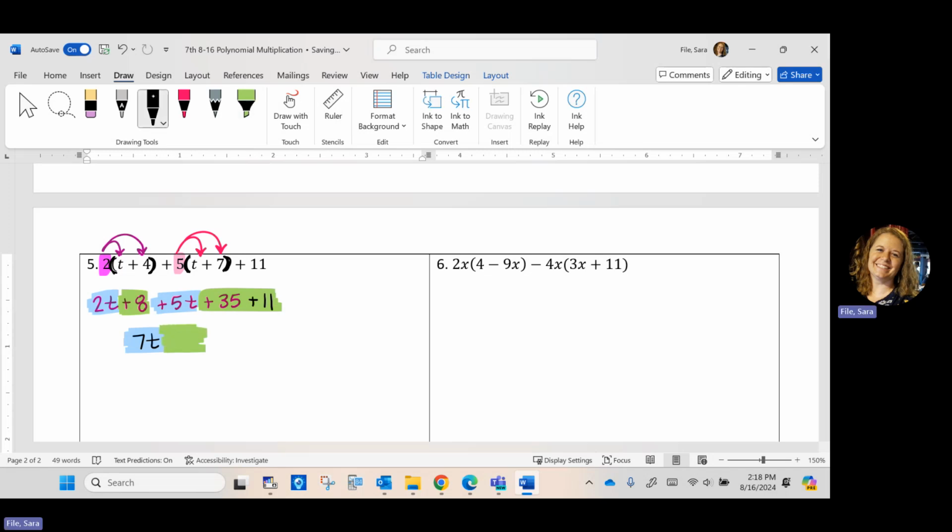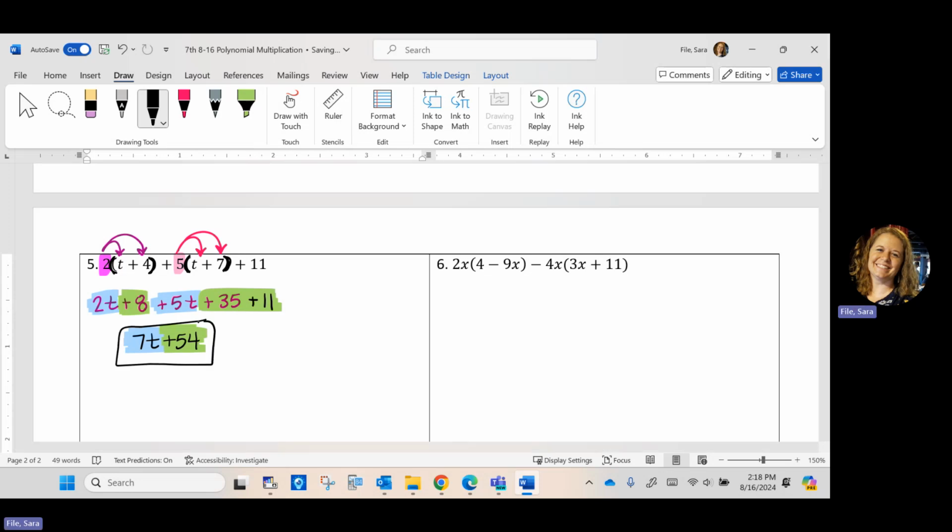What is that going to give us? Positive 54. So plus 54. Okay, now is that in standard form? Yeah. T, the variable term always goes first and then the constant. And if there were more variable terms, we'd order them by degree. There's only one variable term and one constant here. So that is in standard form.